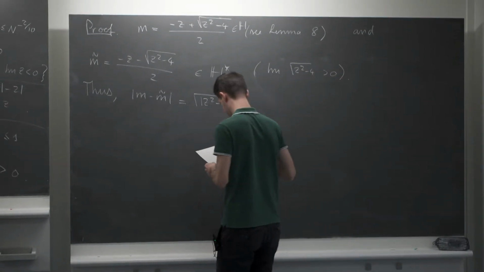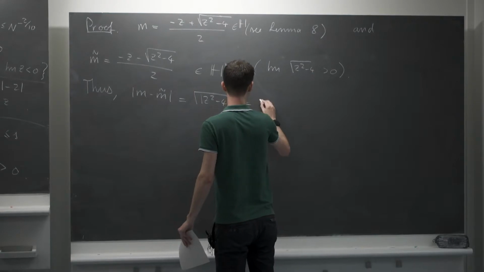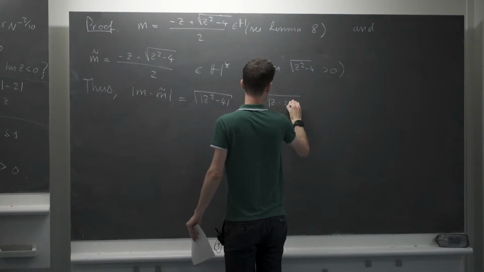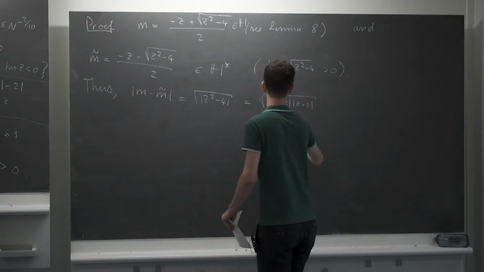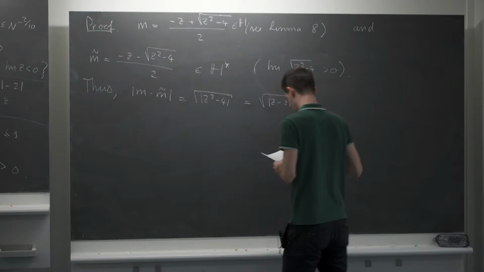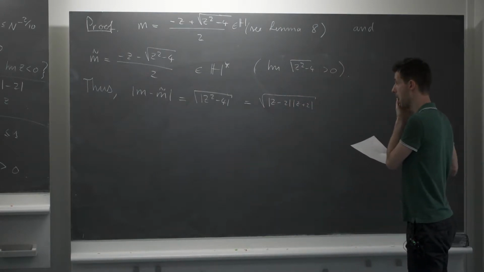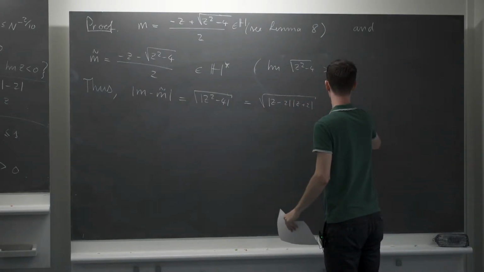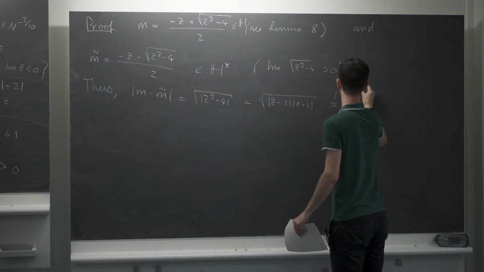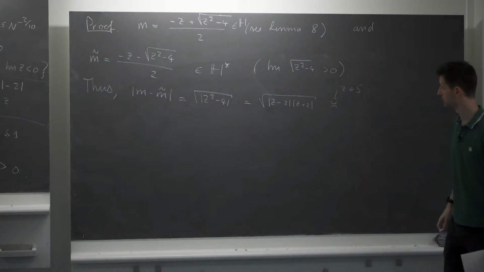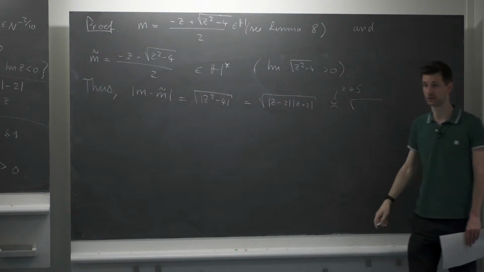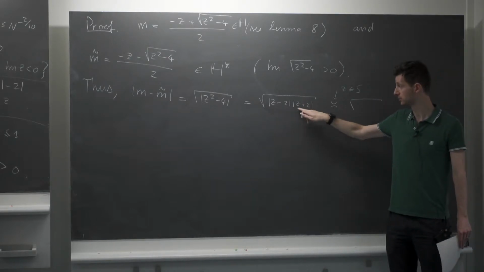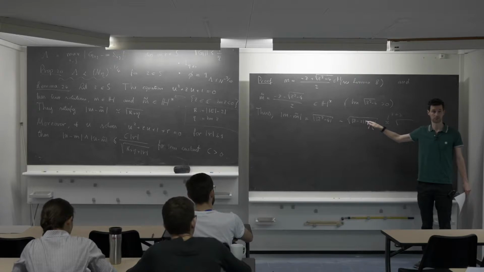And I can write this as, and now because z is bounded, it's easy to check that this is precisely of the order of the square root of the distance of z to either of the two points plus minus 2.